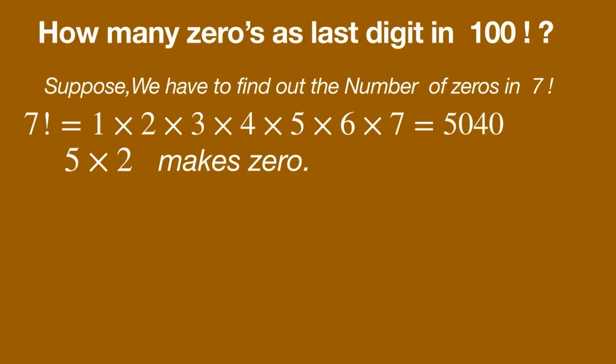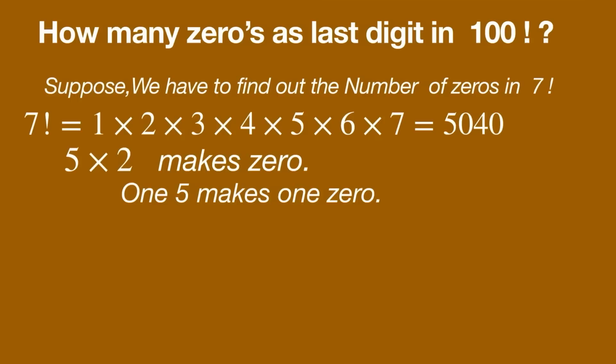So from 1 to 7 there are many 2s, but there is only one 5. So the number of factor 5 is lesser than the number of 2.